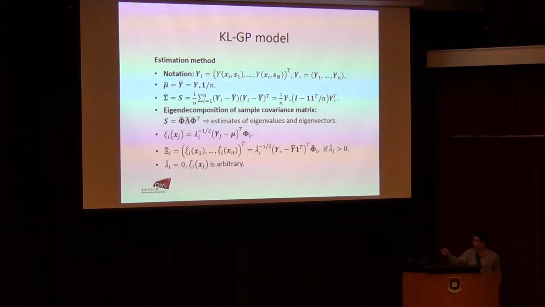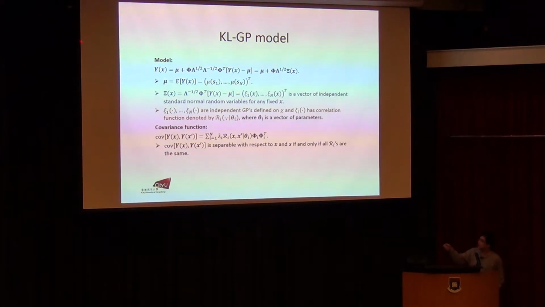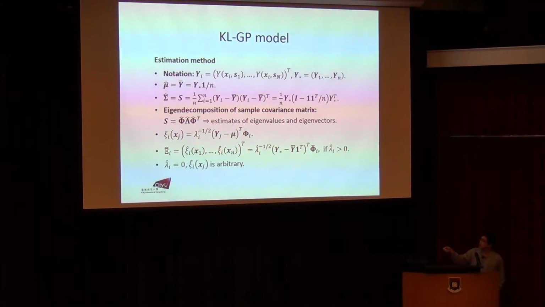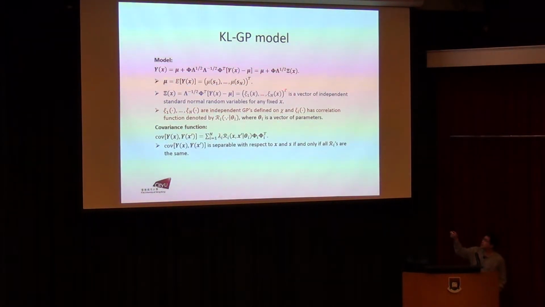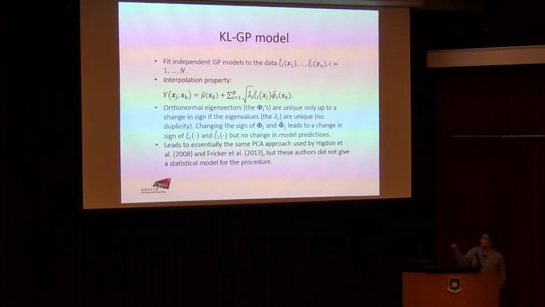So we update the prior process of psi i with this estimated data, and then we plug the updated process back into this form to get our predictive process. I won't talk much about details.